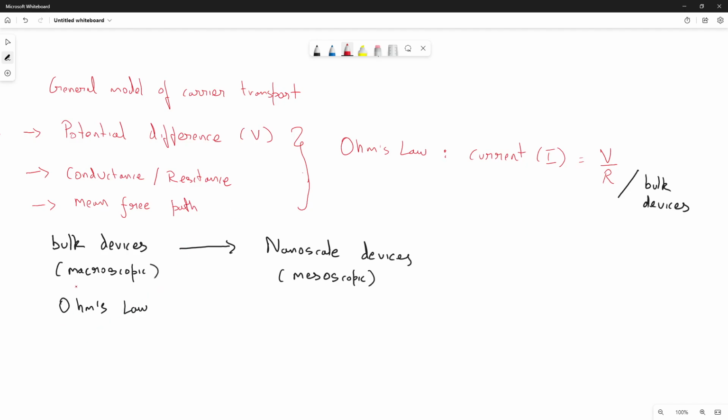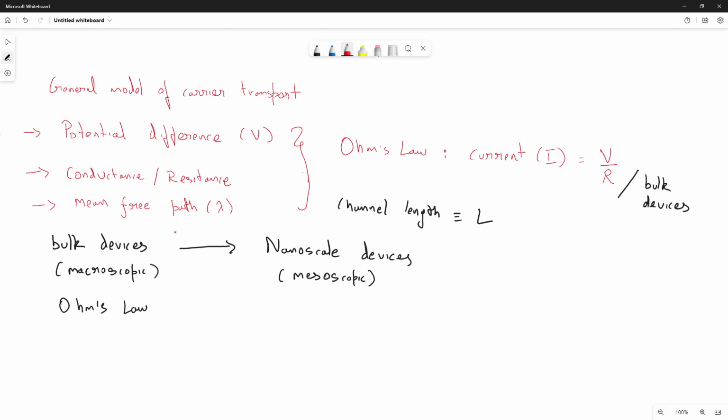So for macroscopic devices, let us say that the channel length is given by L, and the mean free path is given by the quantity lambda.